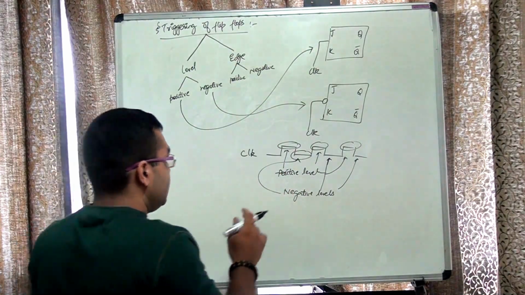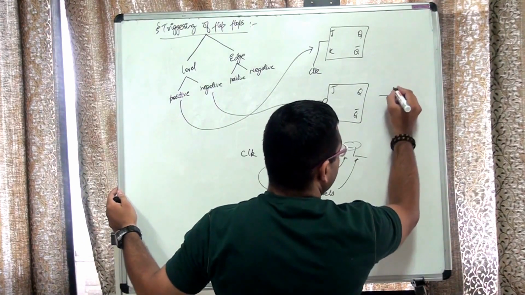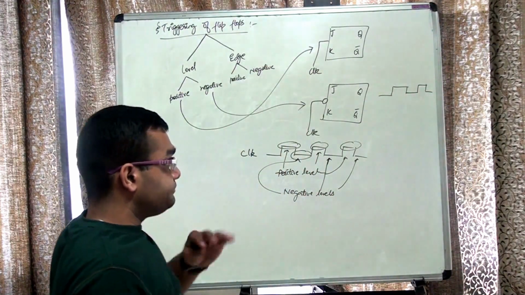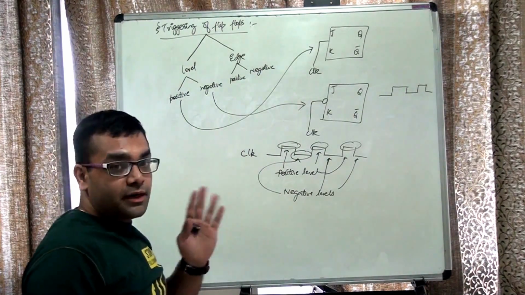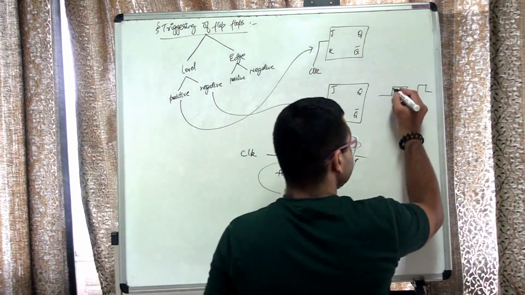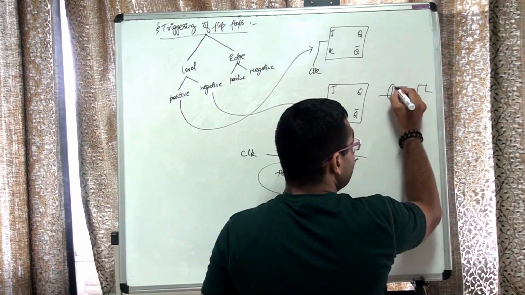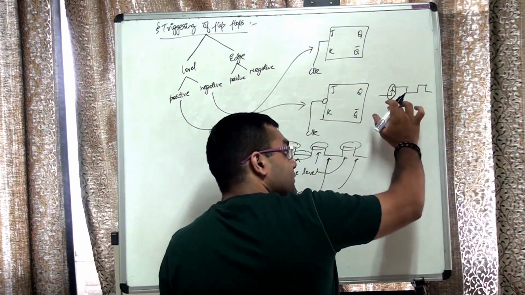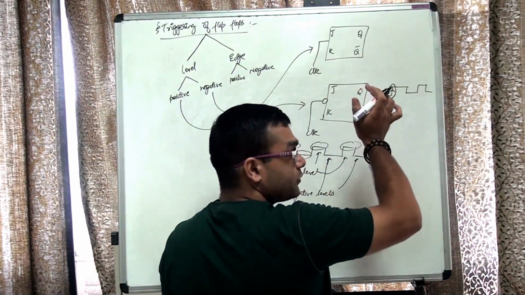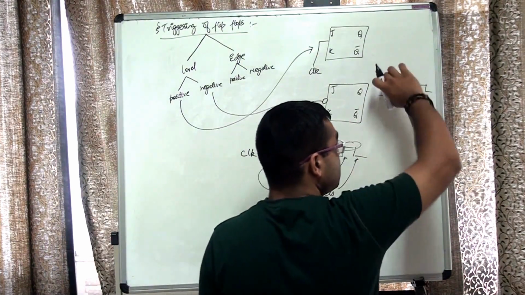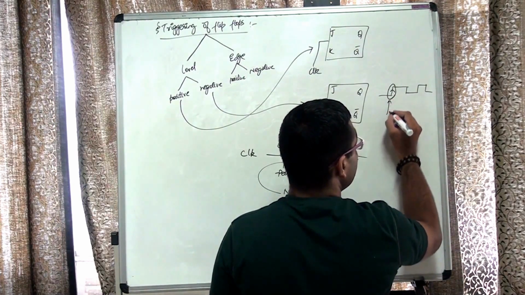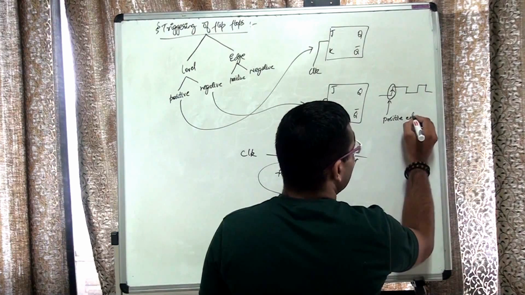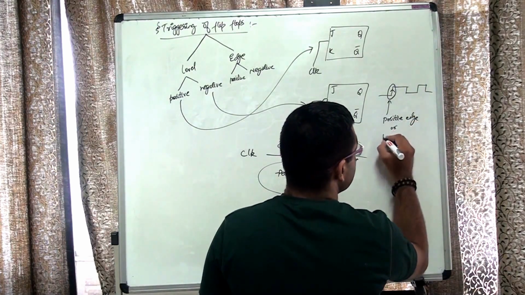Let us see, if I have my clock something like this. Sorry. So this is my train of pulses of the clock. When the value of the pulse becomes 1 from 0, or 0 to 1, this is called the positive edge, or we call it the rising edge.